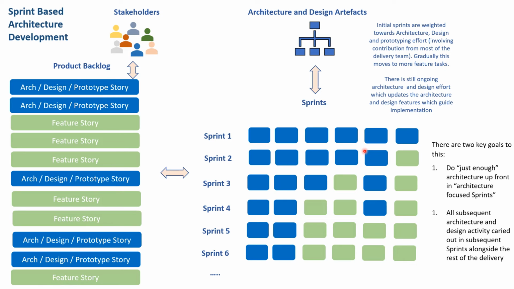You've got to be part of the delivery, and you will do an element of architecture up front, shown in these blue boxes, and you continue doing architecture while implementation is going on. So it's not full upfront, and it's not no design up front. It's a combination, whatever fits within the delivery.